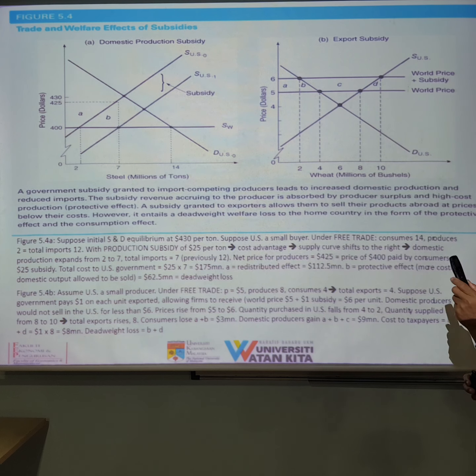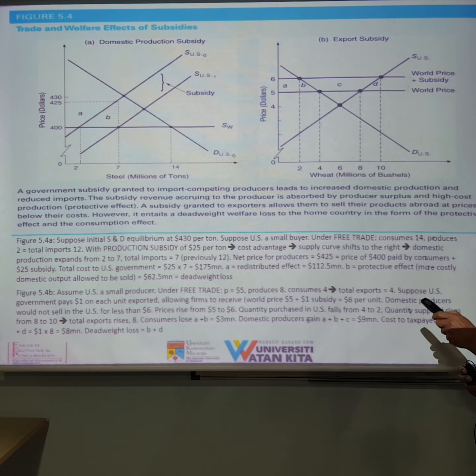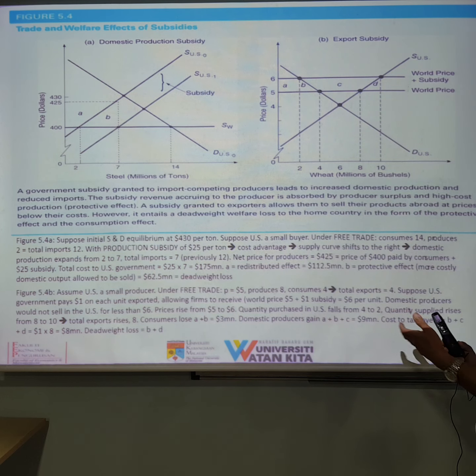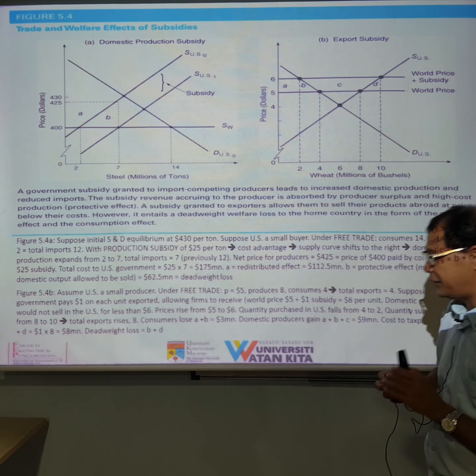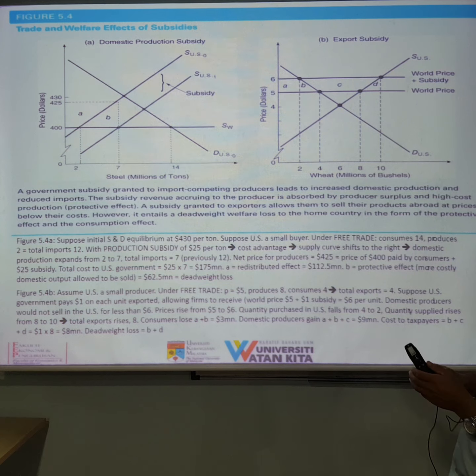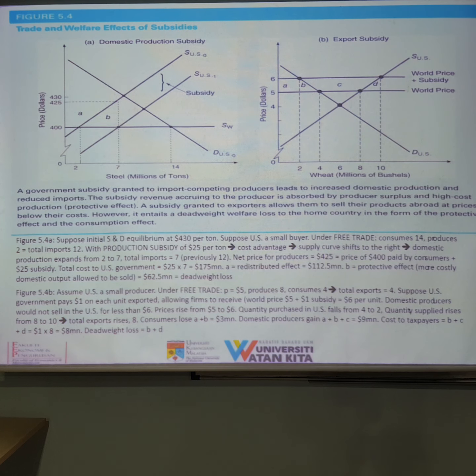Even though the producer gets it, the consumer lost. It goes to the producer, but the consumer pays tax on the portion of that. So there are two deadweight losses. And in fact, you can look at this differently.